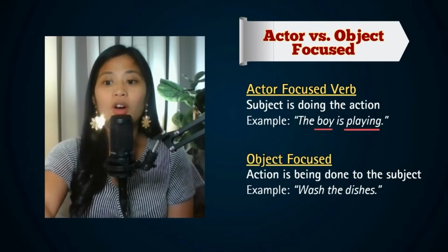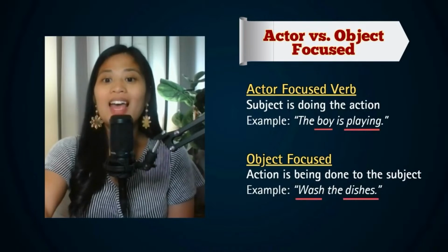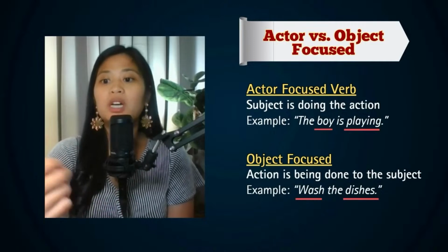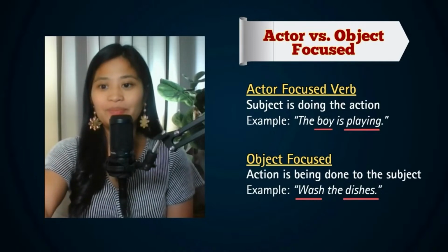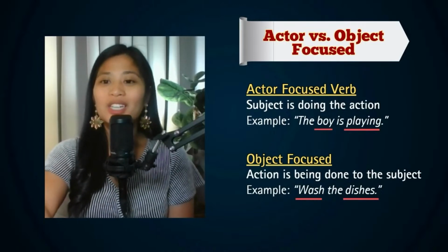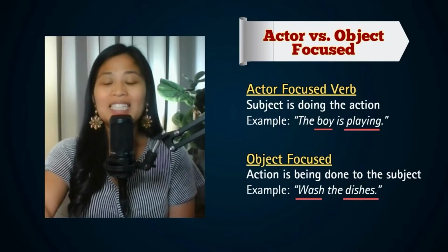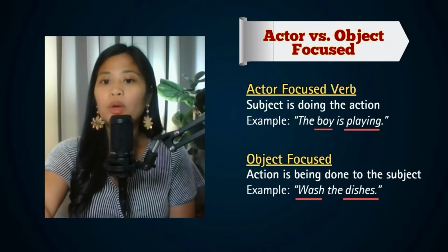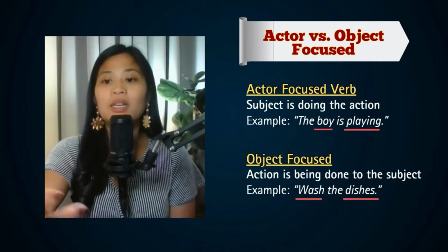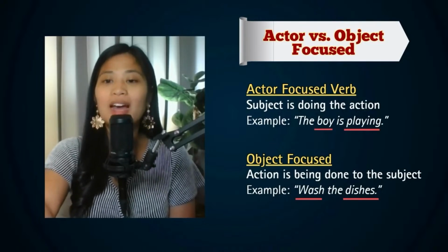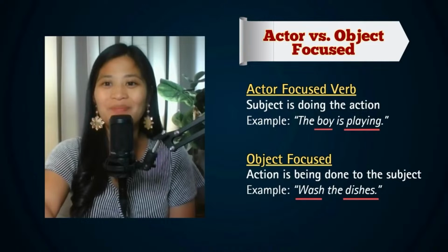Here, the subject are the dishes, and they are being washed. So the action is being done to the subject. So that's the difference between an actor and an object-focused verb. And the difference between them will be important when we are determining the type of sentence that we're going to make. So we'll see that more in the examples later on.